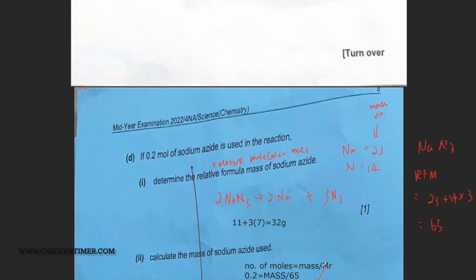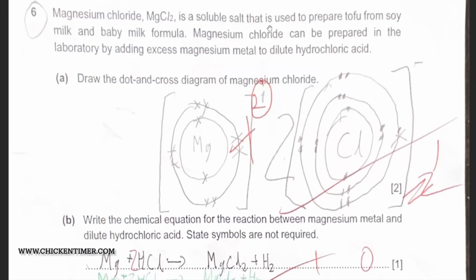Question 6, you have magnesium chloride. Magnesium is group 2, so it becomes like this. That means it has lost 2 electrons from the valence shell. You didn't draw the valence shell, so you lost 2 and then forgot about this.